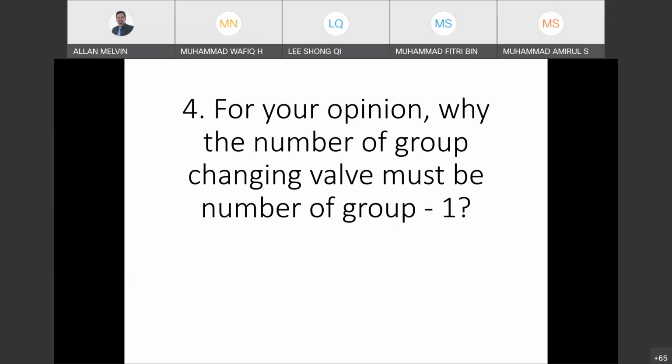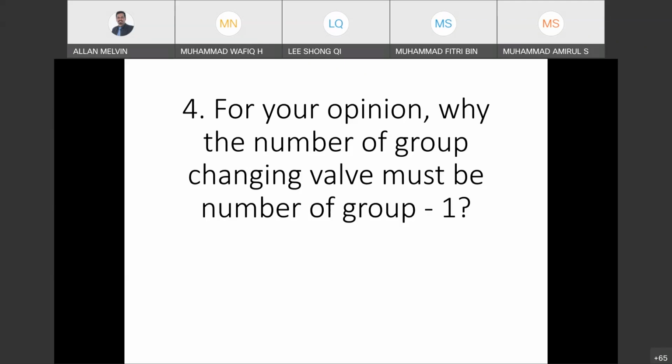Sebab one group changing valve have two part, left hand side and right hand side. So kalau you nak choose group 1, you pilihlah bahagian kanan. Kalau you want group 2, pilih bahagian kiri. So one valve is enough to control two group.